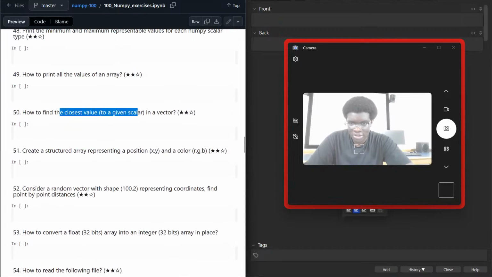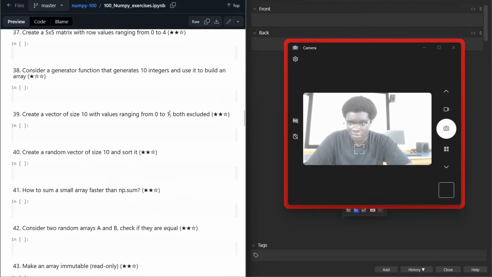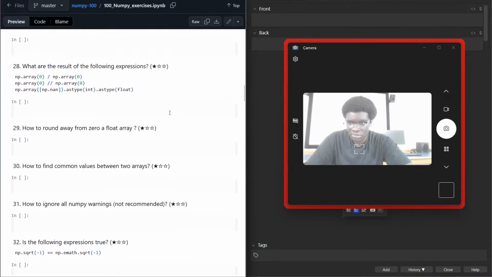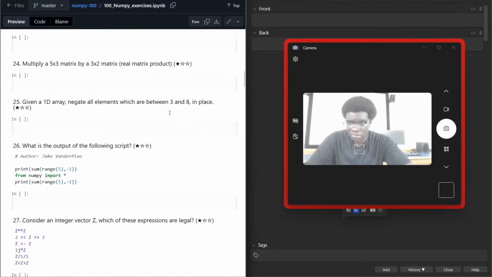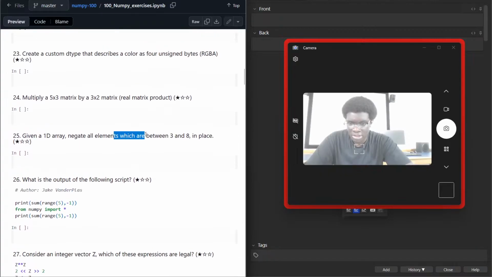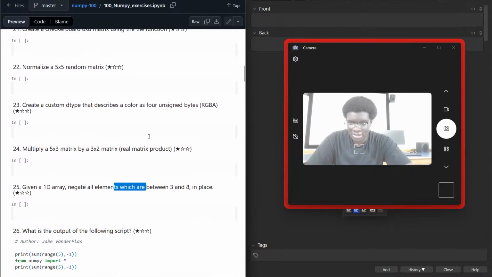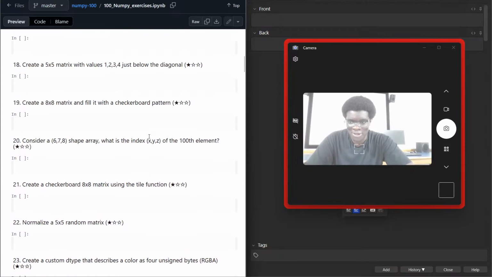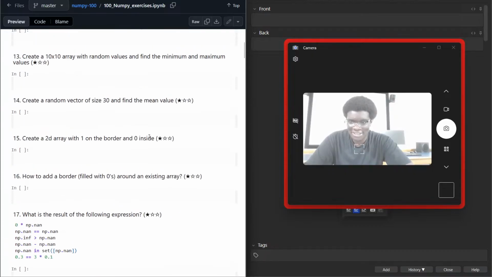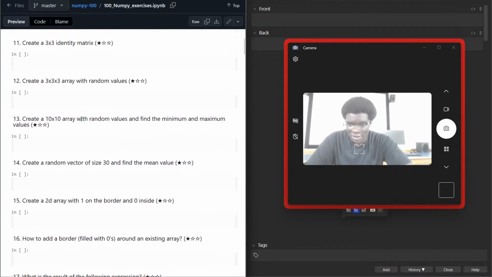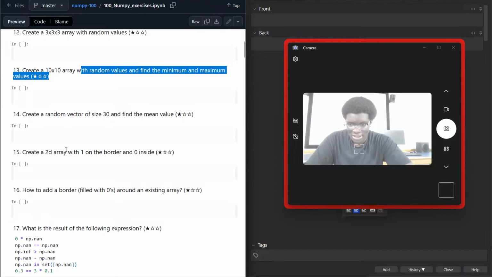Find the closest value to a given scalar in a vector. I don't know how to do that. Negate all elements which are between 3 and 8 in place. Okay, maybe I don't know NumPy as well as I thought. Number 13, create a 10 by 10 array of random values and find the maximum and minimum values. I would know how to do that.